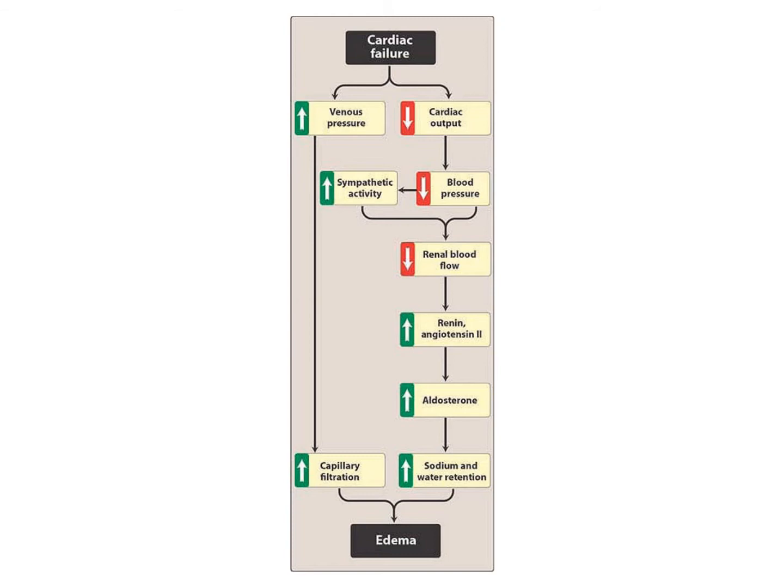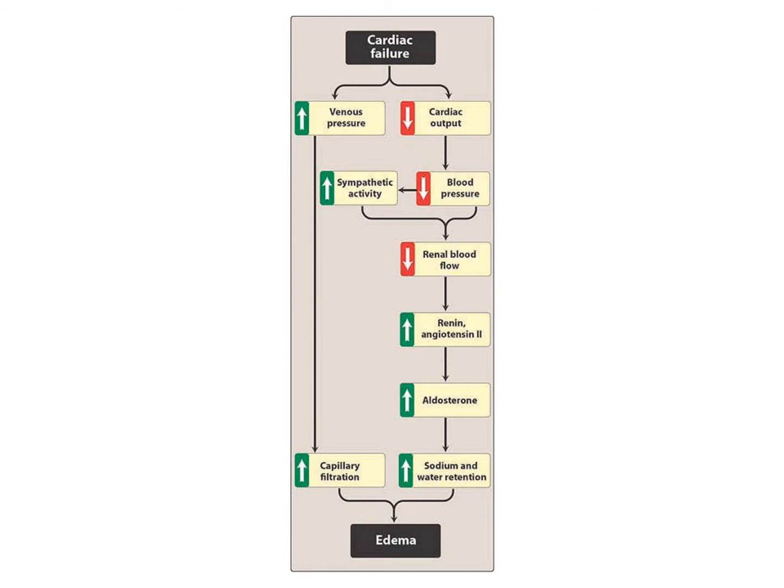In this scheme, we will clarify the pathogenesis of cardiac failure. We can see that patients with cardiac failure have a reduction of the cardiac output, and so decreased afterload, decreased blood pressure, and so reduction in the renal blood flow.